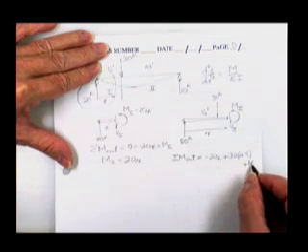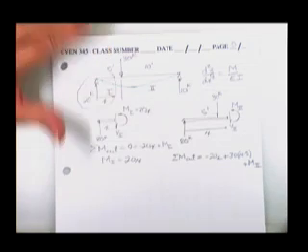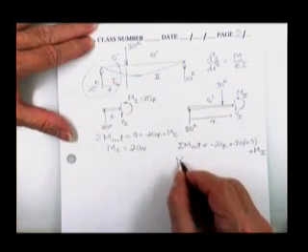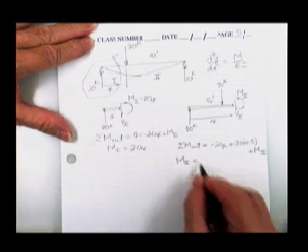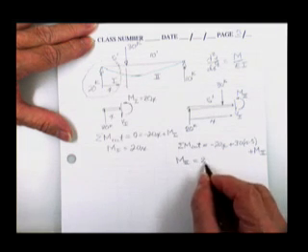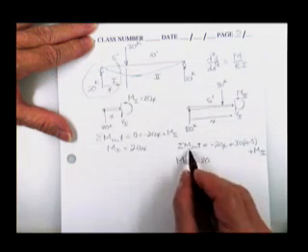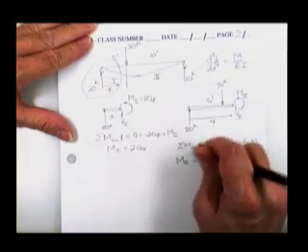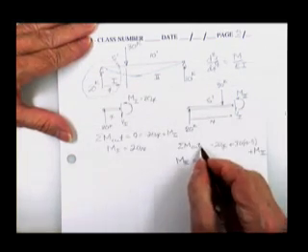plus M2, which of course is a function of x, equals 0.